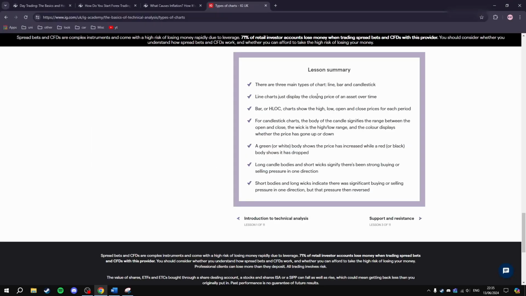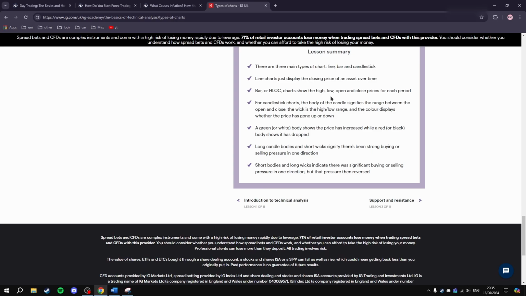There are three main types of charts: line, bar, and candlestick. Line charts just display the closing price of an asset over time. Bar, or high-low open close, shows the high, low, open and close prices for each period. For candlestick charts, the body of the candle signifies the range between the open and close. The wick is the high-low range, and the color displays whether the price has gone up or down.